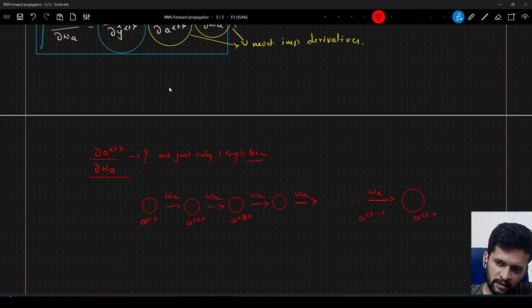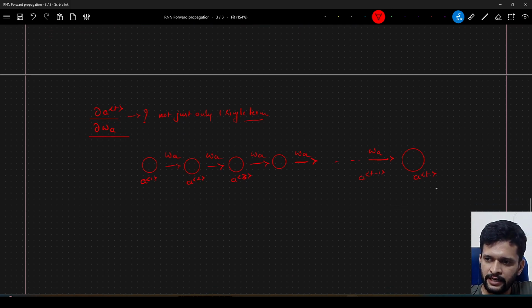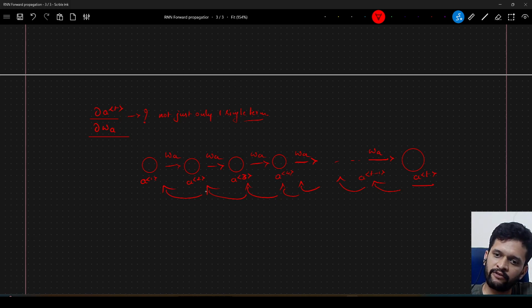Now if you look at this, At gets At minus 1 as input, At minus 1 gets At minus 2 as input. Likewise, A4 will get A3 as input, A3 will get A2 as input, A2 will get A1 as input.